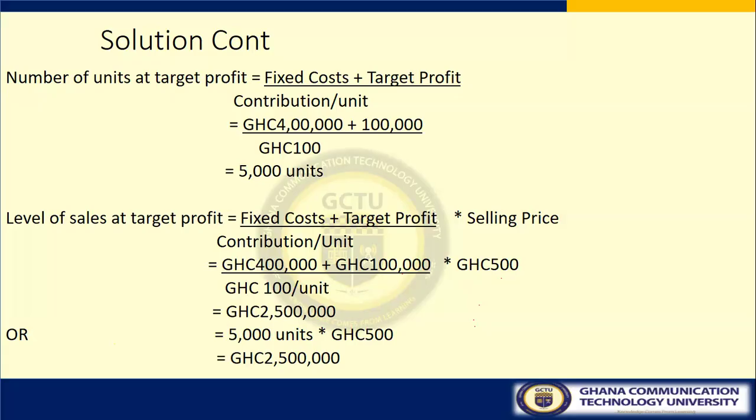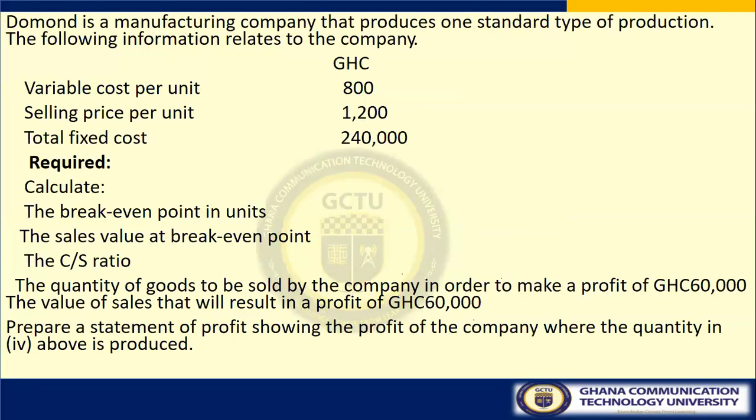Use these formulas to solve this question. I've given the variable cost per unit, the selling price per unit, and total fixed cost. Find the break-even point in unit, and then find the break-even point in sales.